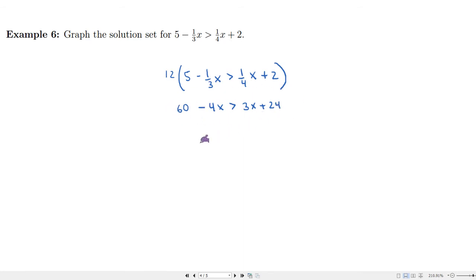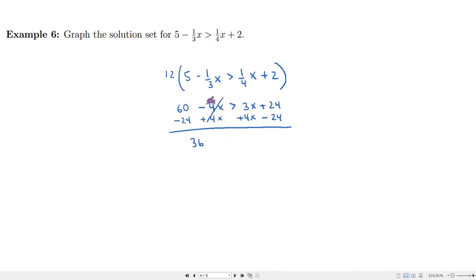Right? So again, you don't have to do this multiplication here, but if you do, it'll get rid of the fractions immediately. If you choose to do it later, it's fine. You'll still get the same answer in the end. It's personal preference. So at this point, what could we do? Well, we can bring the x terms to one side and the constant terms to the other. So let's subtract 24 from both sides. And we can add the 4x to both sides. You could do this in 2 steps or 1 step. So 60 minus this is 36.